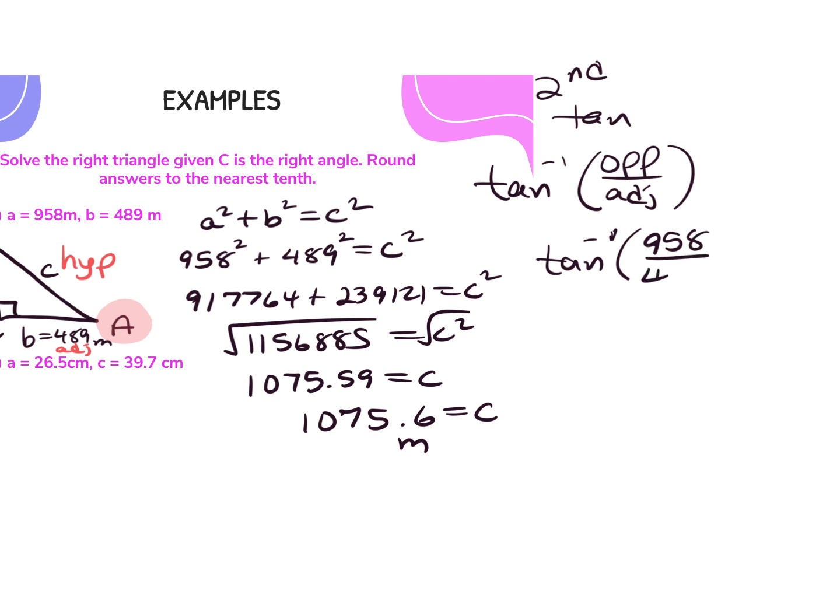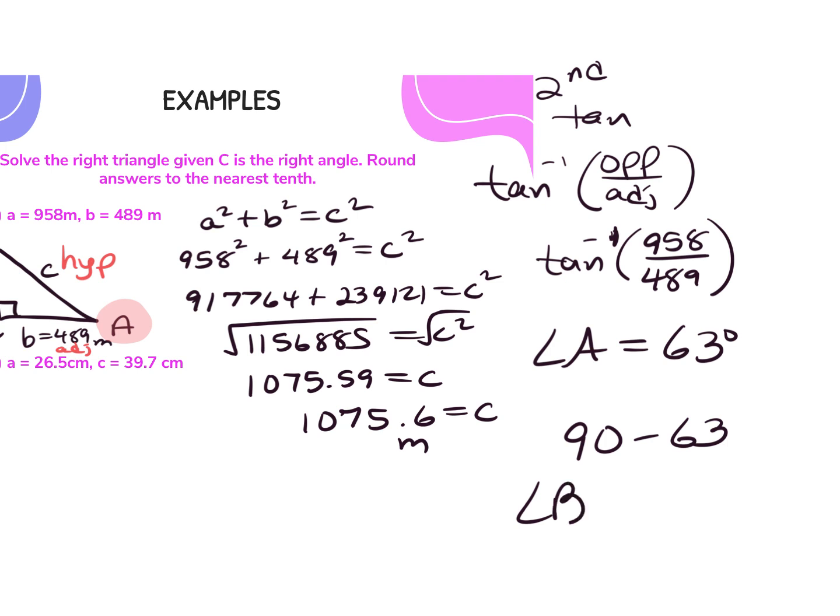And the adjacent side is the 489. And then you're going to hit enter. And you're going to round to the nearest degree on this. So angle A is going to be 63 degrees. But the easiest way to find angle B is just do 90 minus 63. So angle B is going to be 27 degrees. So just read what it tells you to round to.